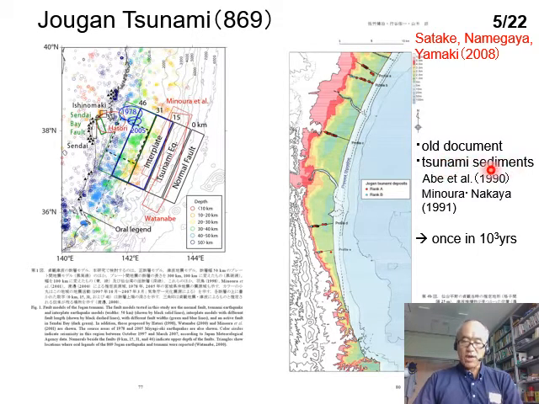However, geological record surveys in the 1990s and a numerical simulation study in 2008 revealed that the tsunami size was as large as the 2011 Tohoku tsunami. This means that such mega tsunamis, like Jougan and 2011, will develop once in 1,000 years.